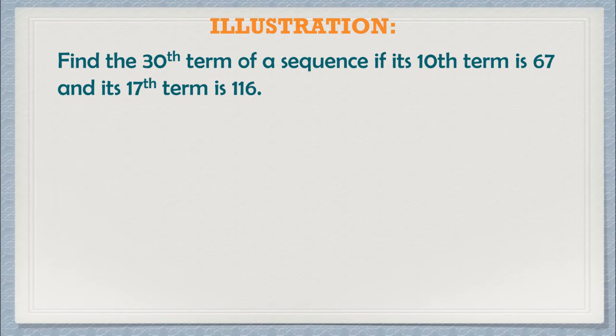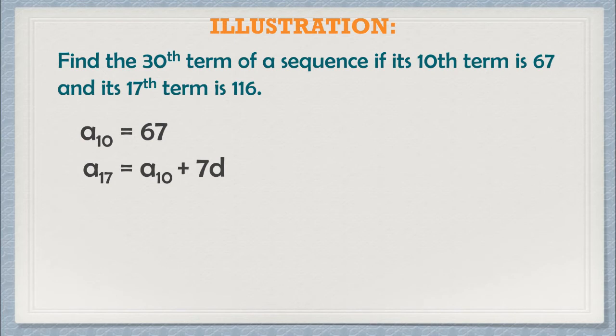But what are we given here? We're given the 10th term, which is 67. So we can denote that as a sub 10 equals 67. And we also have a sub 17.